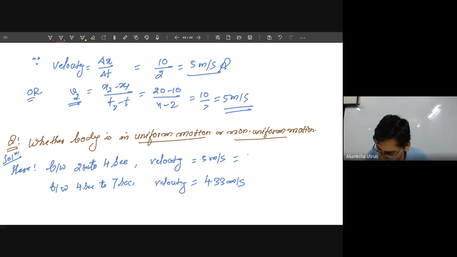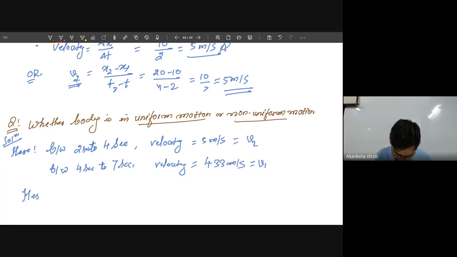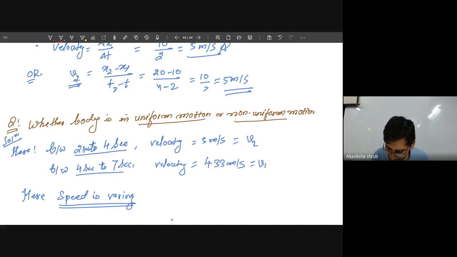Means if I write this as v1 and this as v2, here speed is varying. Means speed is different. Students, keep in mind the intervals, like 4 to 7 and here 2 to 4. Here we have calculated the velocity or speed, not the distance.